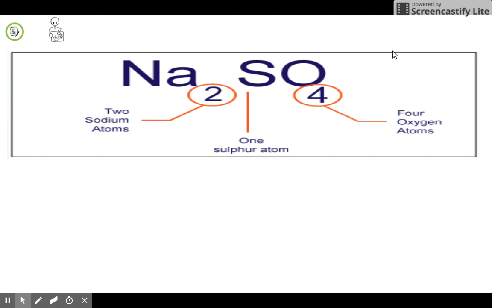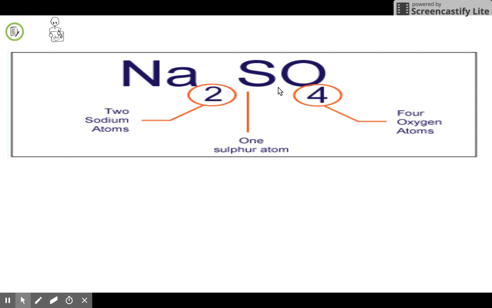So let's look at this one. Na. If we look, it has a subscript of 2. That lets us as scientists know that to make sodium sulfate I need 2 atoms of sodium. Notice that my sulfur has no subscripts next to it.